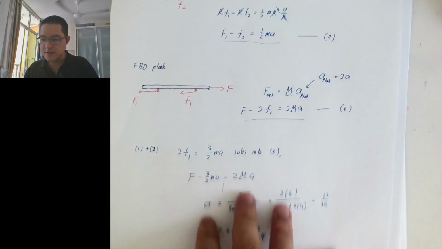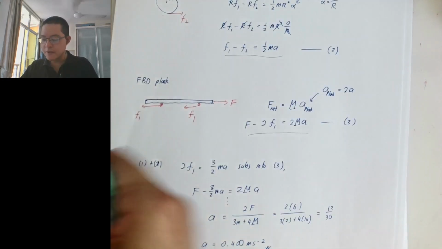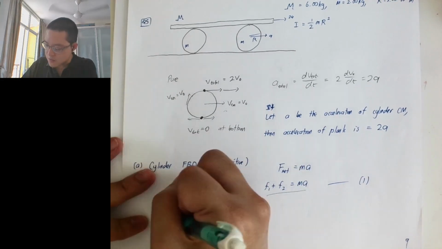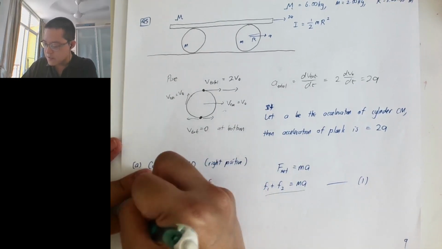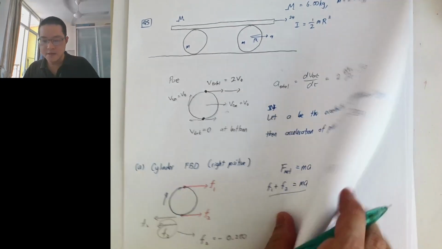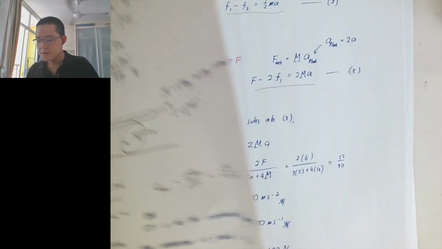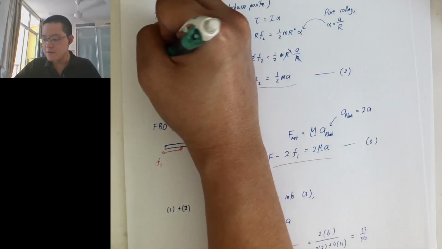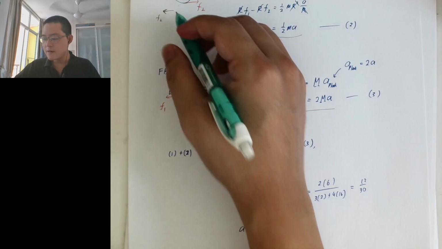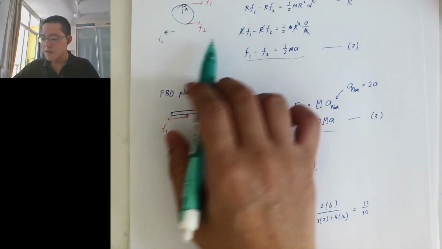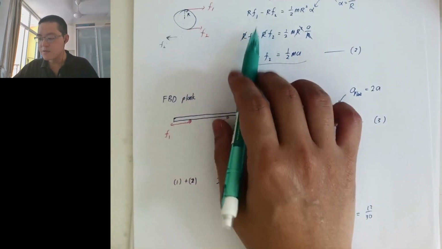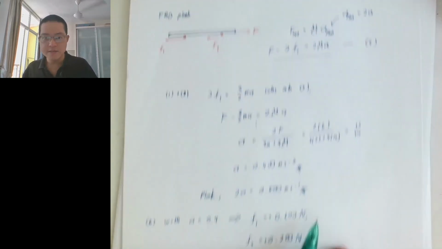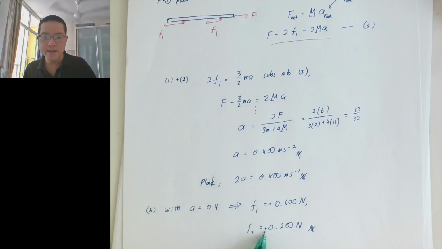If you're not happy with F2 forward, because it's just a random guess, you can guess this F2 the other way. Then you try solving the question. You get a negative sign in your F2. So you just repeat everything, but you put F2 here, and then there's no F2 over here. So these two must be positive, both are clockwise now. And then you try to get the answer. At the end, you will get a negative 0.2.